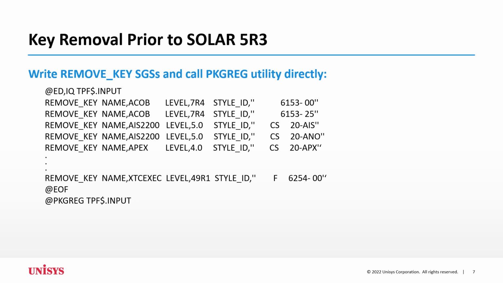Another method of unregistering keys, which can be equally tedious, is to write a remove key SGS for each key to be removed and call the package reg utility directly, passing the SGSs as input. The example here shows removal of keys from ClearPath Release 18.0.